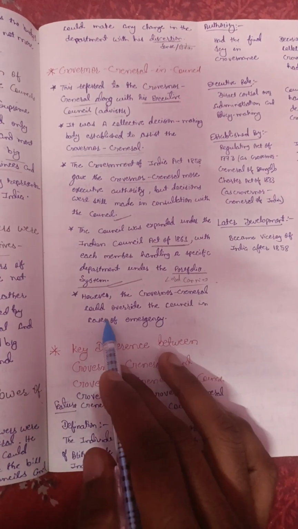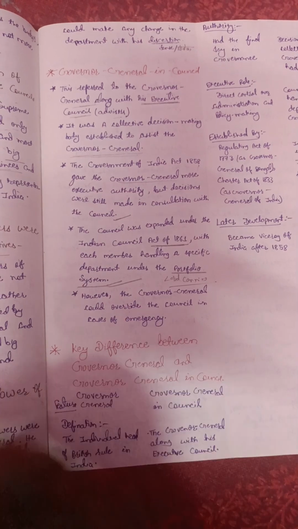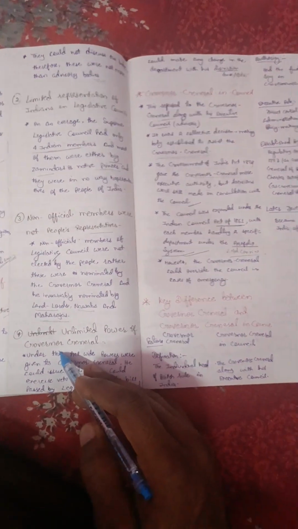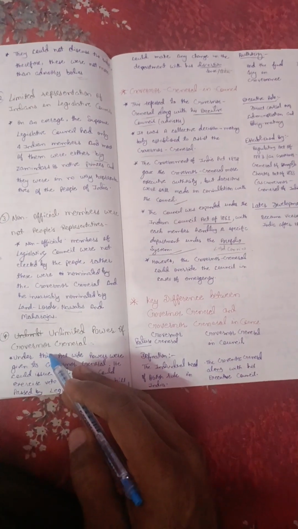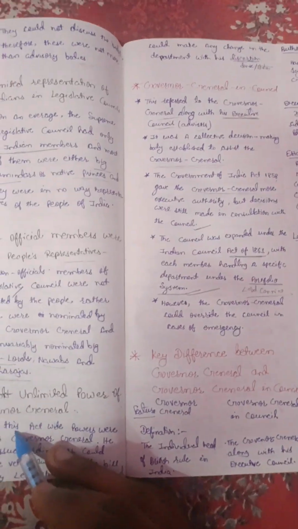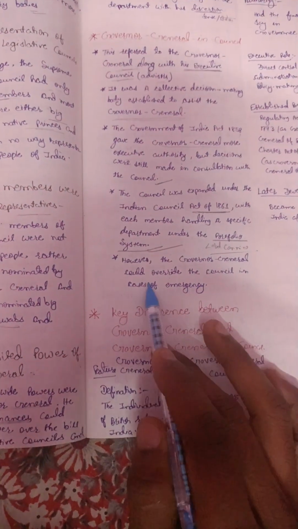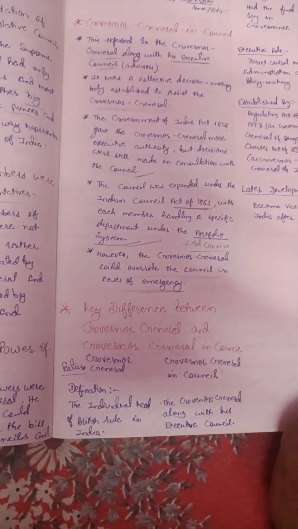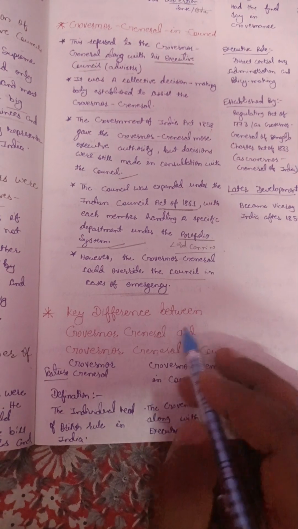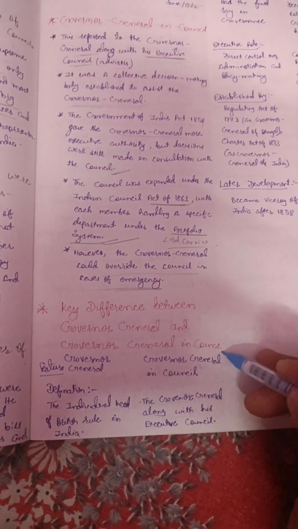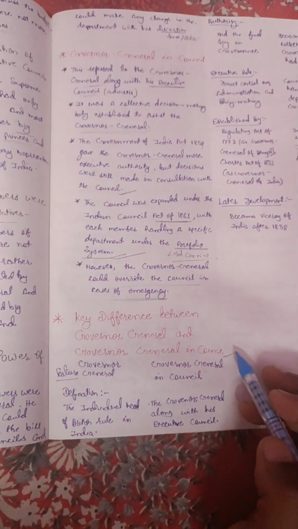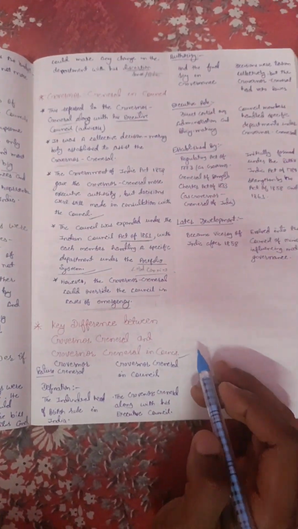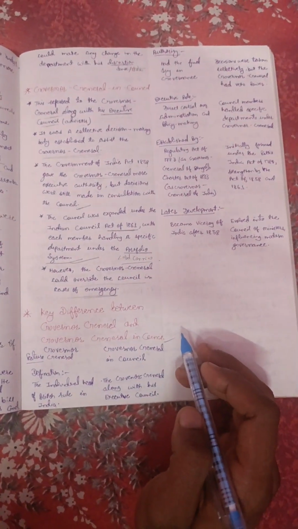And again, the same point which we were discussing: ultimate powers were given to the Governor General, and he could override the councils in case of emergency. So now let's see the differences between Governor General and Governor General in Council. I think there is no need to discuss this point, but let's see.